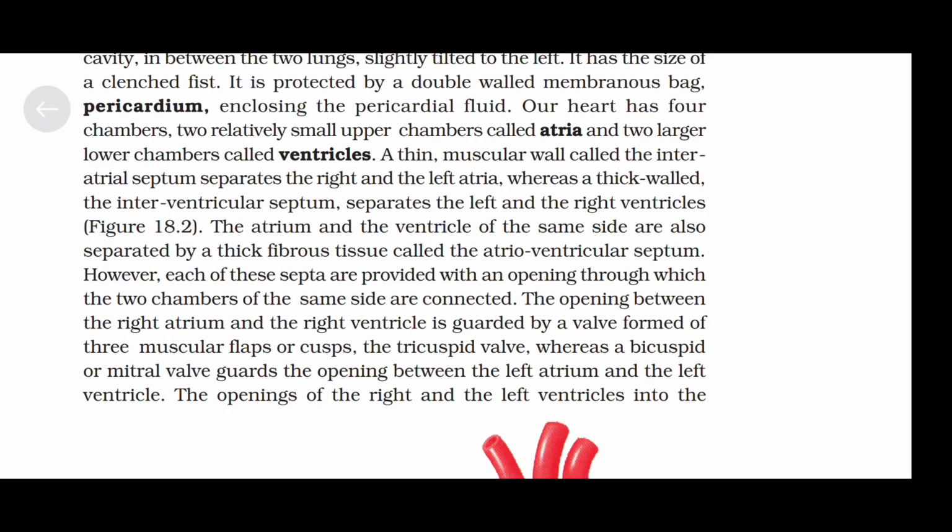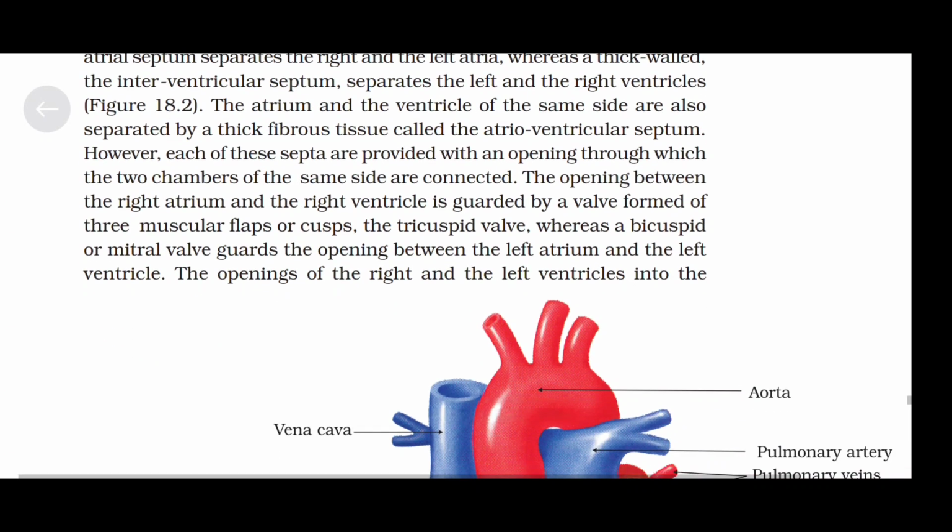are connected. The opening between the right atrium and the right ventricle is guarded by a valve formed of three muscular flaps or cusps, the tricuspid valve, whereas a bicuspid or mitral valve guards the opening between the left atrium and the left ventricle.